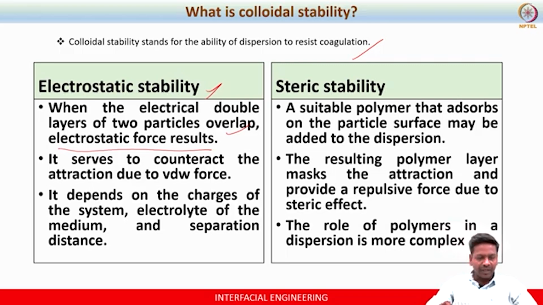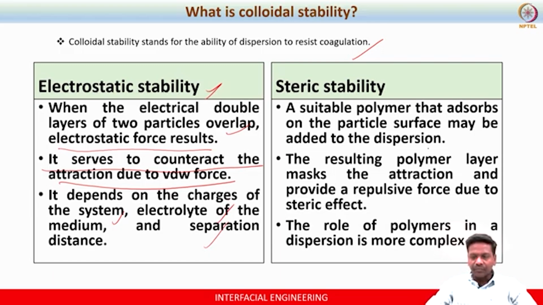So it serves to counteract the attraction due to van der Waals force. This electrostatic force depends on the charges of the system, and if you tune the charges of the system, you can tune the electrostatic repulsion, the electrolyte of the medium, and the separation distance. These are the parameters that govern the electrostatic repulsion, which we will see.